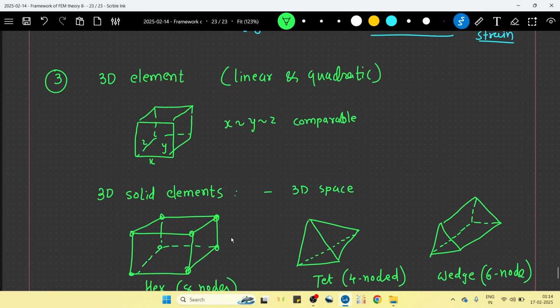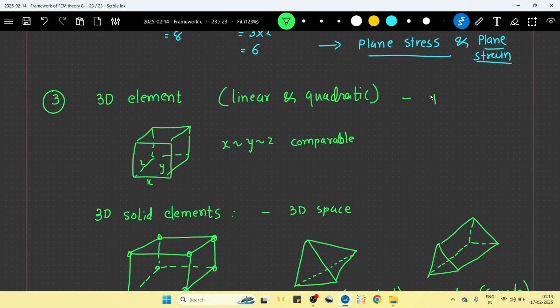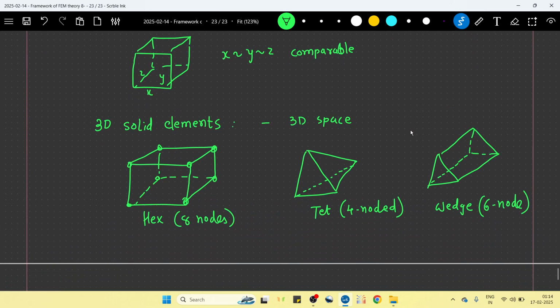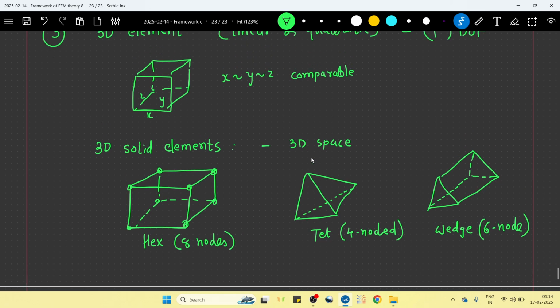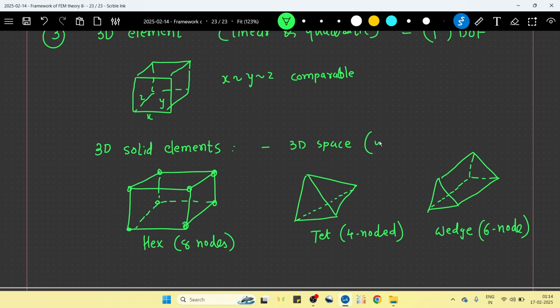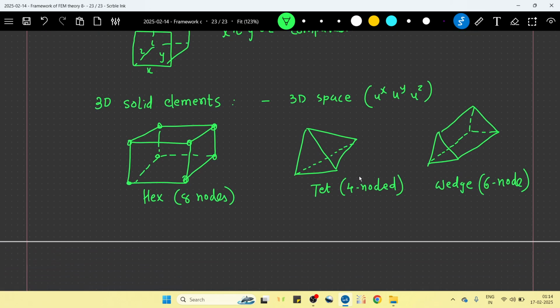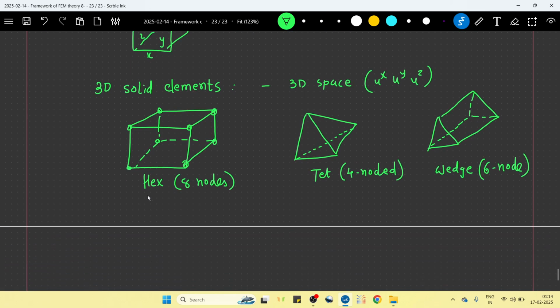Okay, and solid elements always have only translation degree of freedom. So it is ux, uy, and uz. Three translation degree of freedom for each node. So for this element, degree of freedom is 3 into 8 nodes, so it is 24.